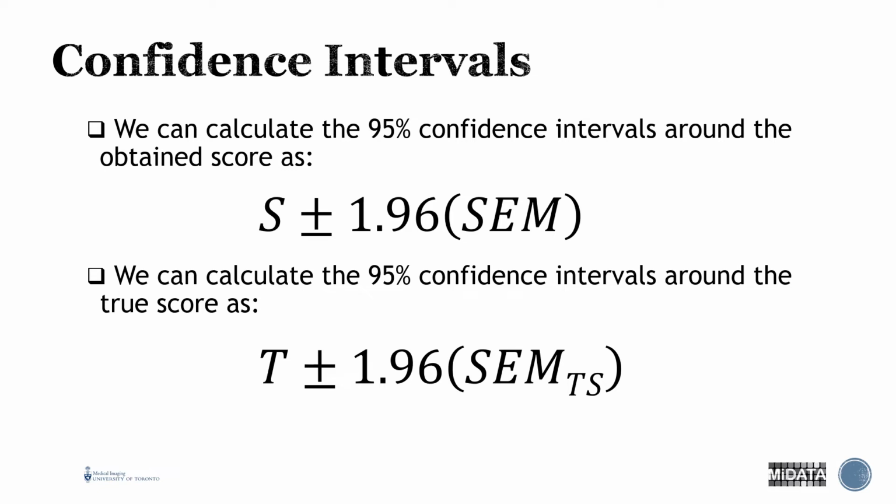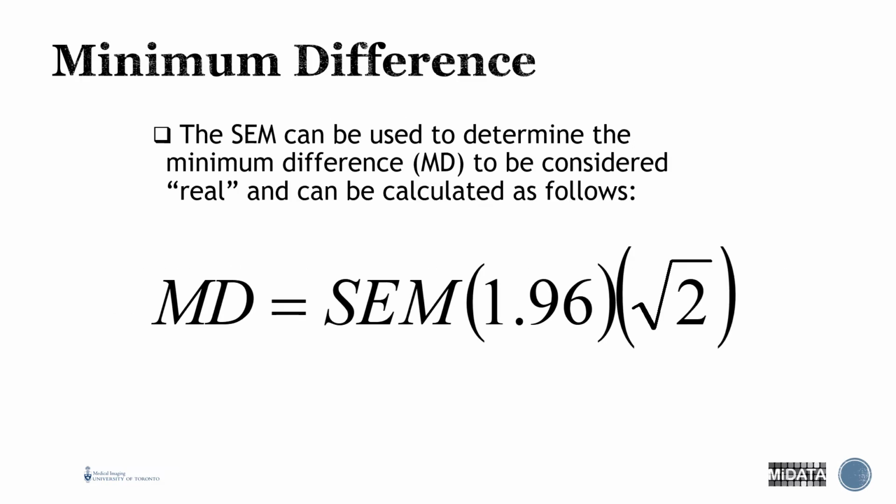But if you are interested in calculating the 95% confidence interval around the true score, then you would use, once again, the cut point of 1.96, but multiplied by the standard error of estimate. So your minimum difference can be obtained by multiplying your standard error of measurement by 1.96 by the square root of 2.